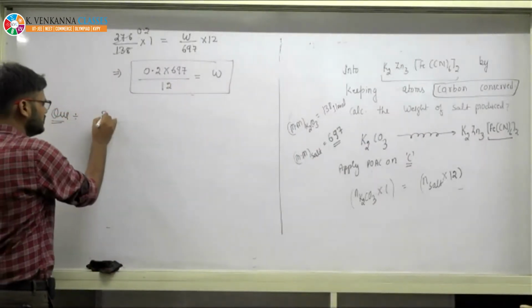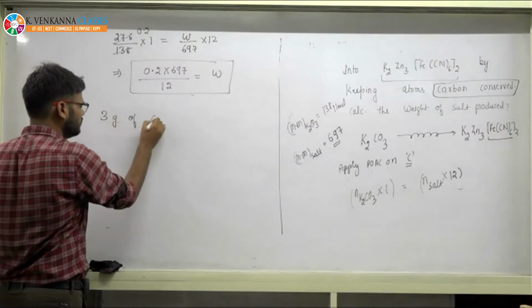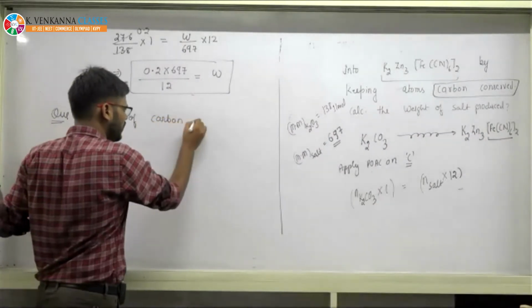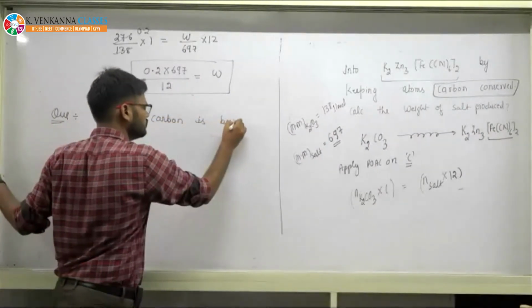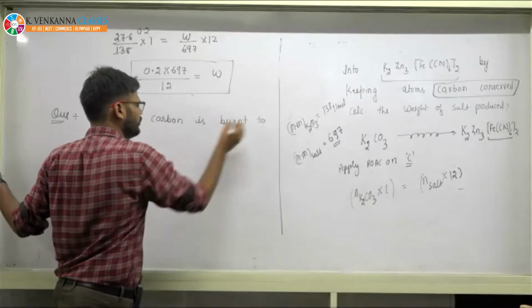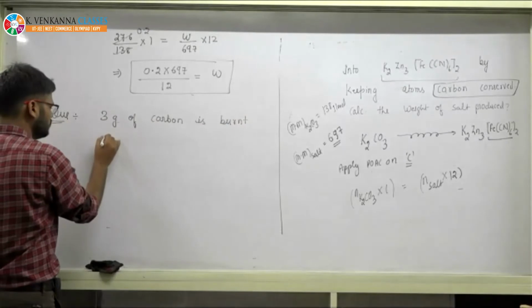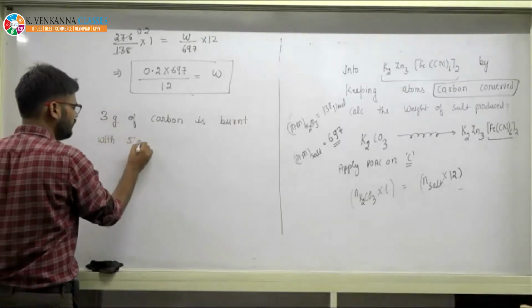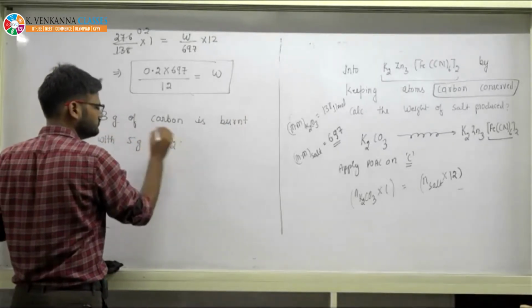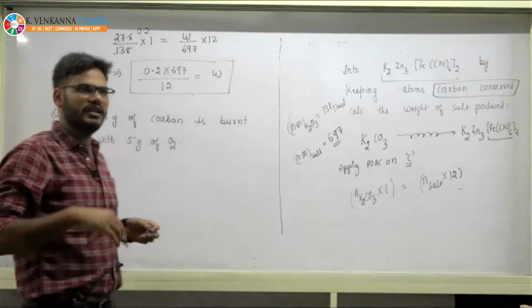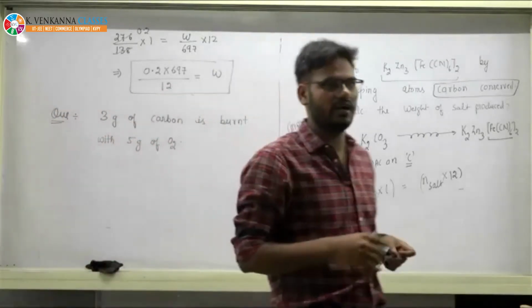It says 3 grams of carbon is burned with 5 grams of oxygen.